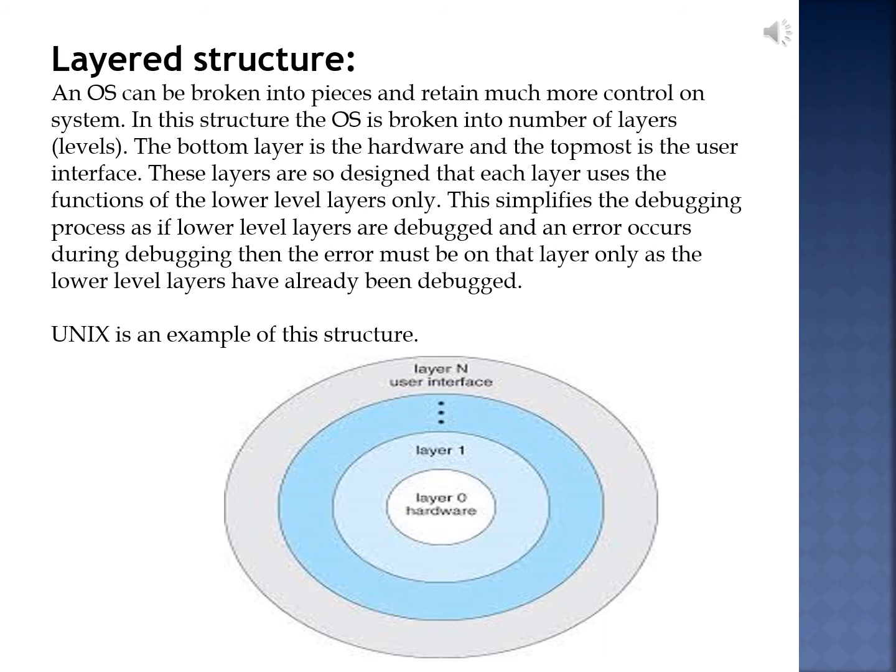The main disadvantage of this structure is that at each layer the data needs to be modified and passed on, which adds overhead to the system. Moreover, careful planning of the layers is necessary as a layer can use only lower level layers. Unix is an example of this type of structure.